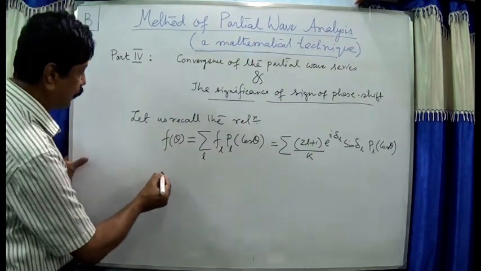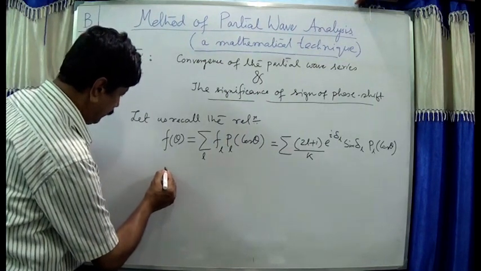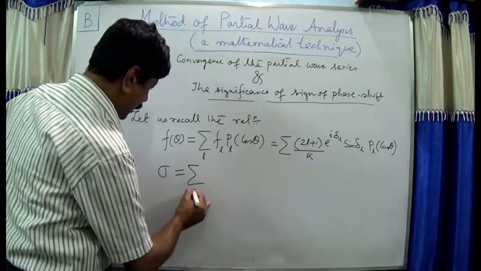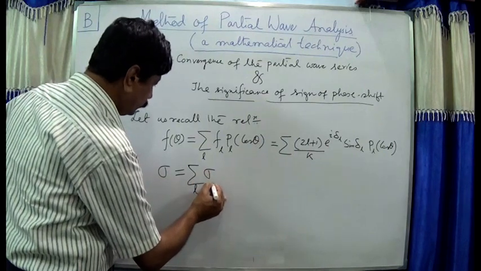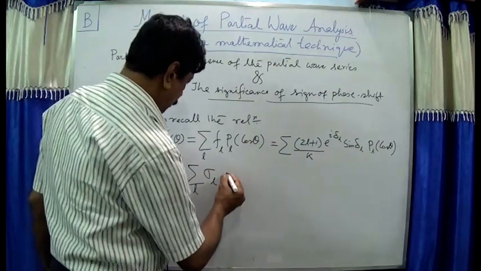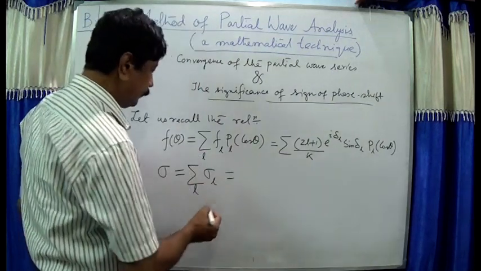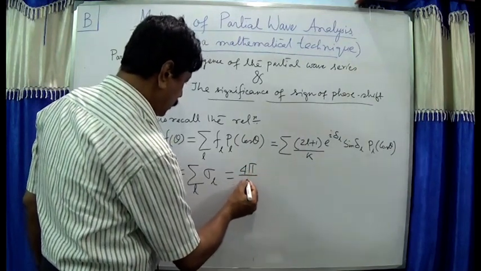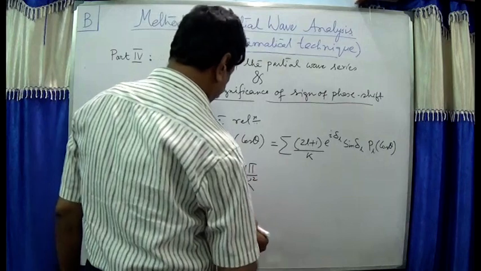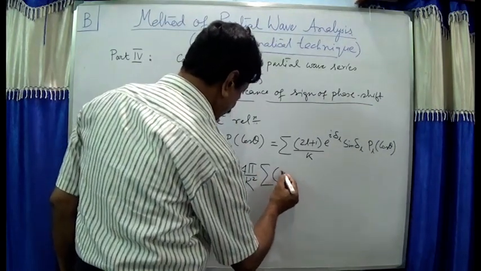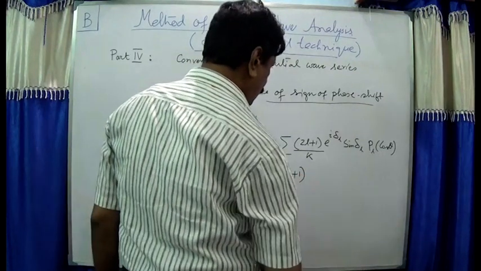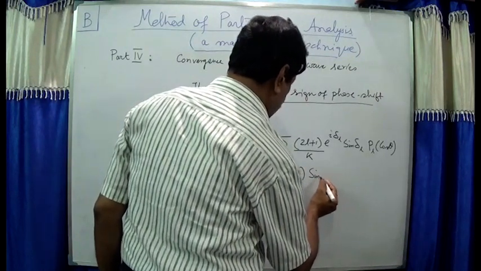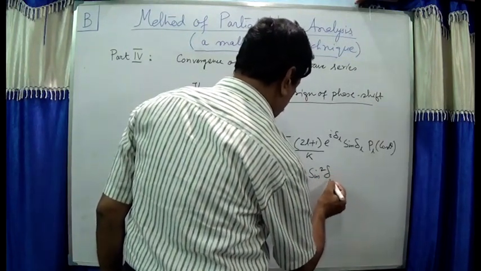Also, we have another relation for the total cross section sigma as sum over L of sigma_L, and that can be written as 4 pi by k square into sin square delta_L.